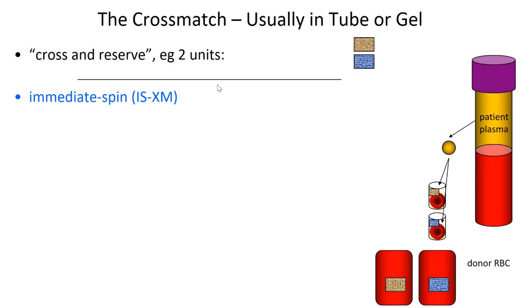Immediate spin is simply mingling the patient's plasma with samples from the candidate units at room temperature. It's a quick spin, and it's an immediate determination of whether or not there is incompatibility.